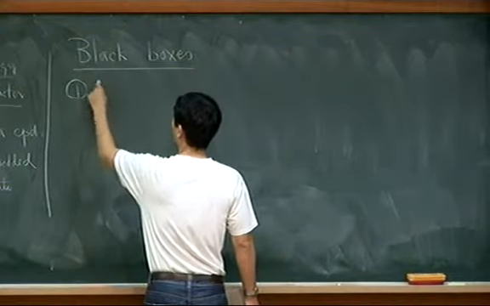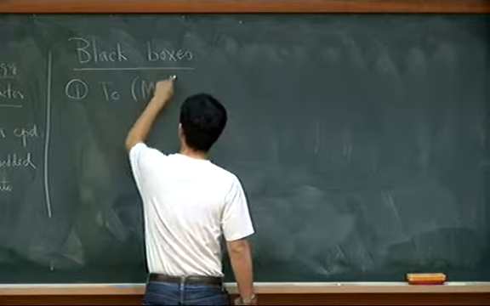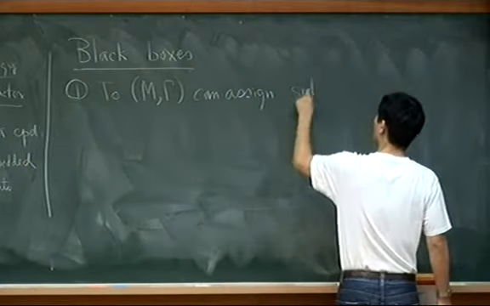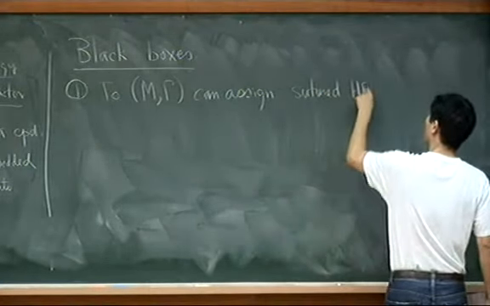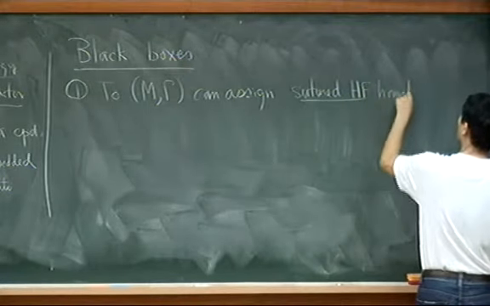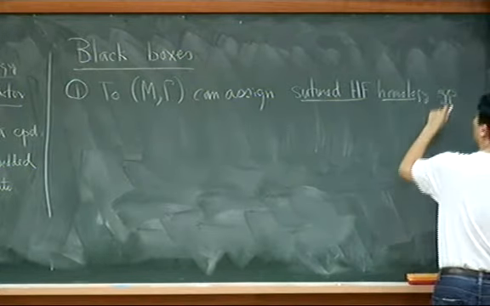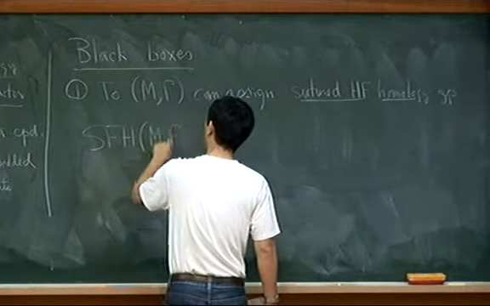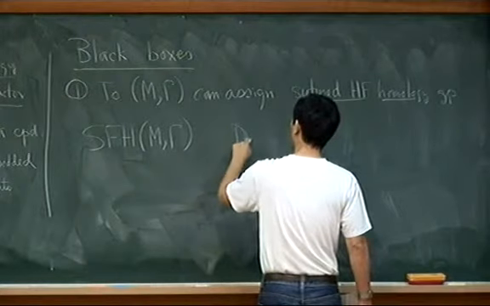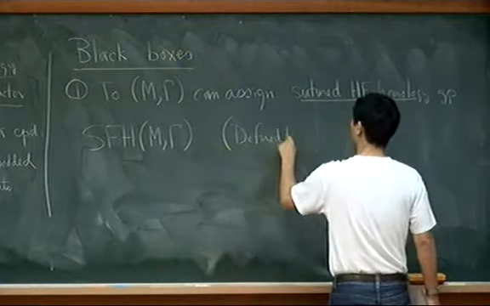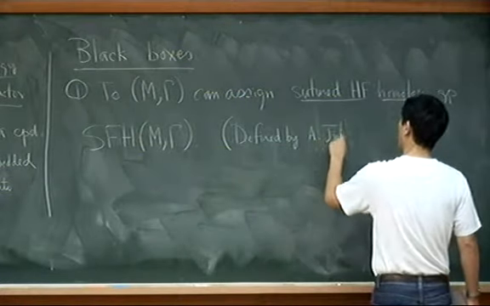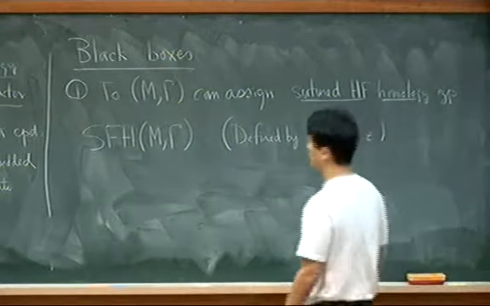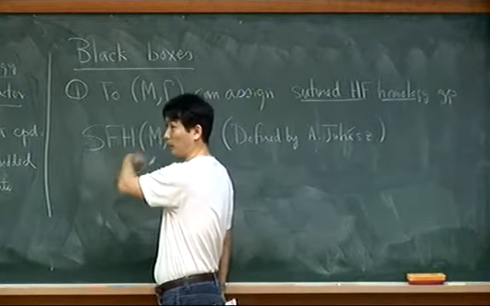To a pair (M, gamma), you can assign what's called the sutured Heegaard Floer homology group, which is usually denoted SFH of (M, gamma). And this is defined by Andras Juhasz.